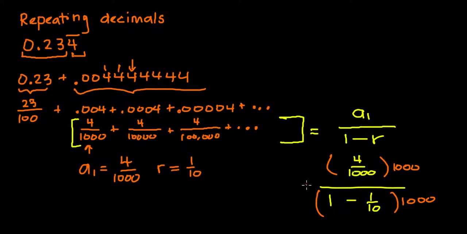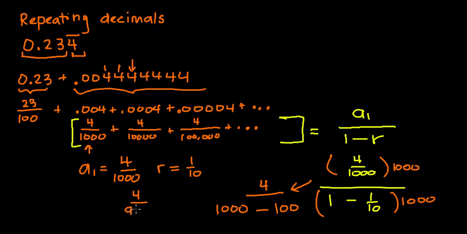Running out of space, so I'll write it over here. I'll get 4 over, and on the bottom I'll get 1,000 minus 1,000 divided by 10, which is just 100. So 1,000 minus 100, which is 900. So what we end up getting is that this guy is 4 over 900.